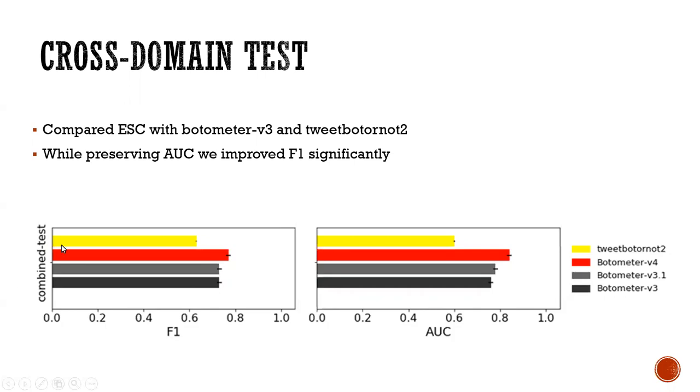We combined those data sets, and we see that on the combined test set, ESC can beat all of the baselines. In the paper, we presented that in detail on 6 left-out data sets, and in all of them, ESC could beat BOTOMETER version 3, which means that in cross-domain experiments, ESC generalizes better.